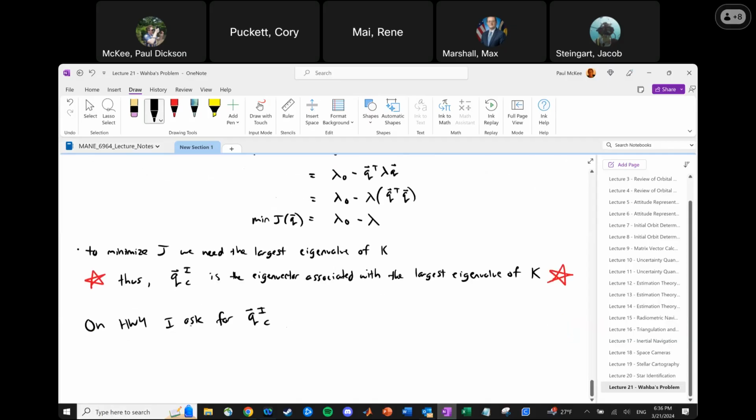So your options are to find T from I to C using SVD method, which is the first method we talked about, then convert to quat, or just use Davenport's method.